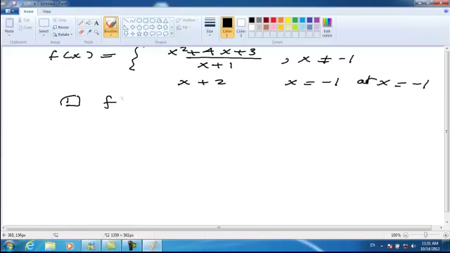Number 1, f of minus 1 equals minus 1 plus 2 equals 1.